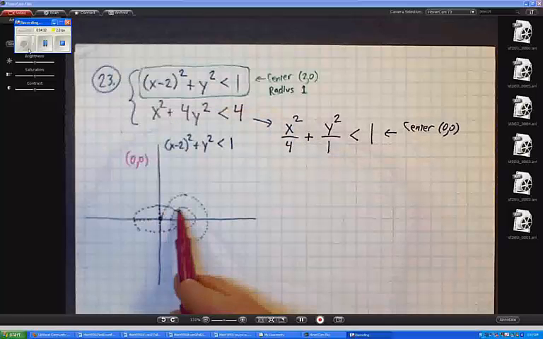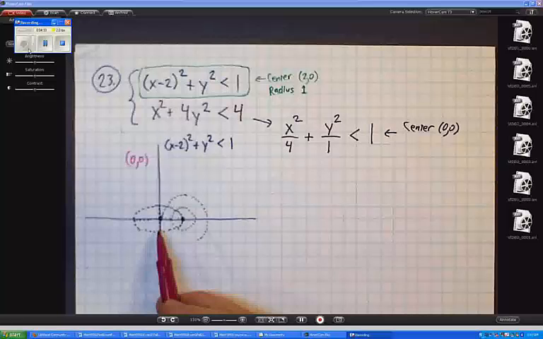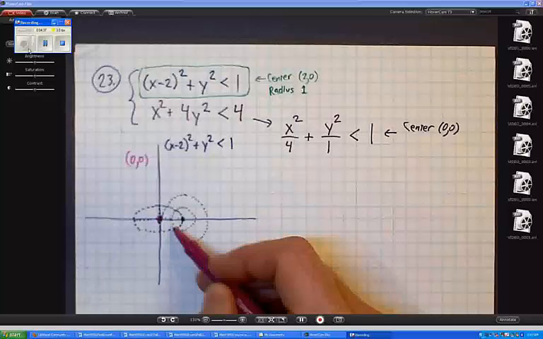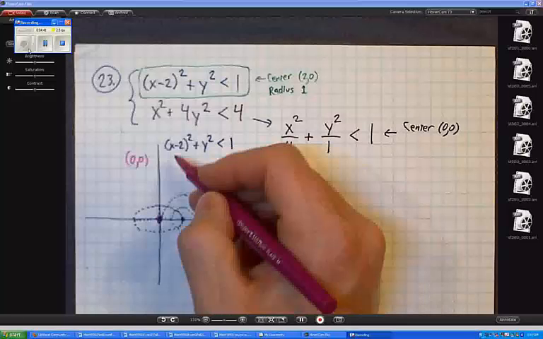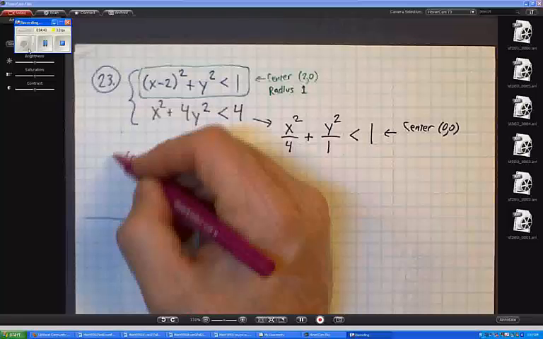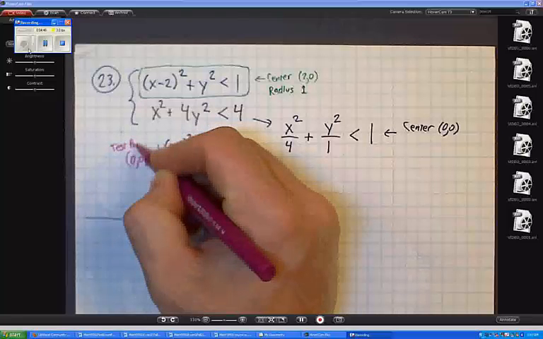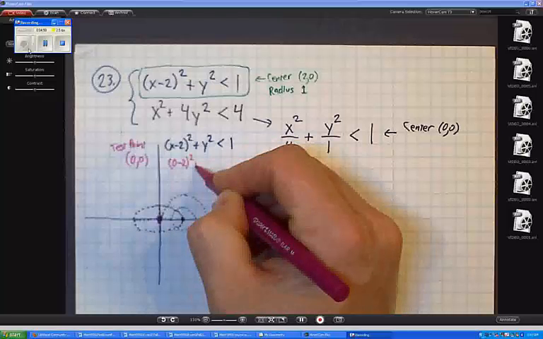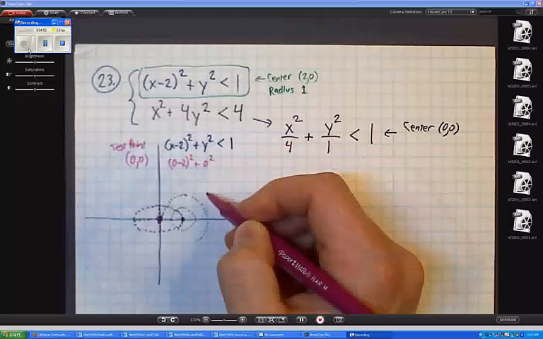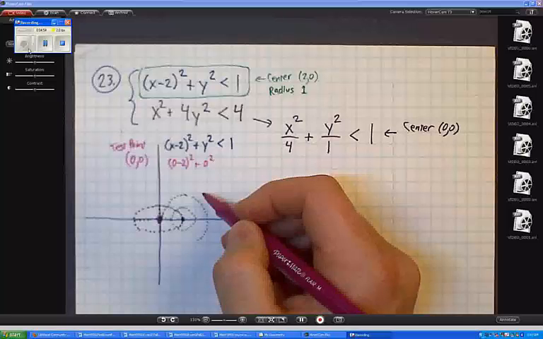So 0, 0, is that a point? That would be a point outside the circle. You guys with me? So let me try it. That's my test point. 0 minus 2 squared plus 0 squared. Is that less than 1?